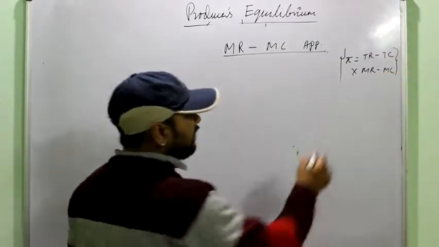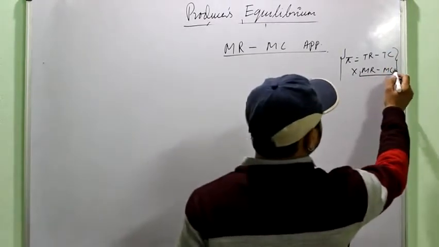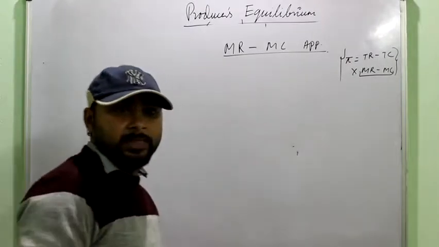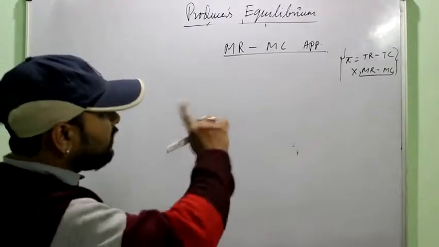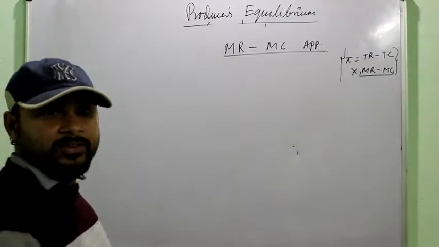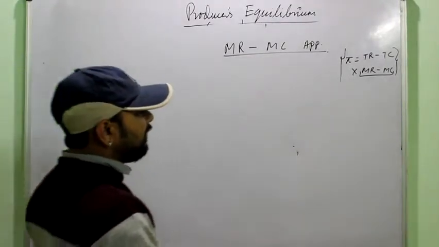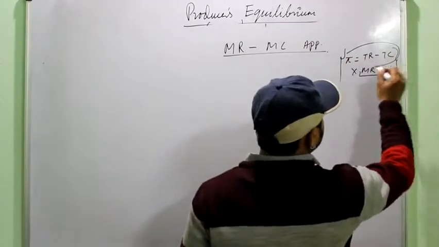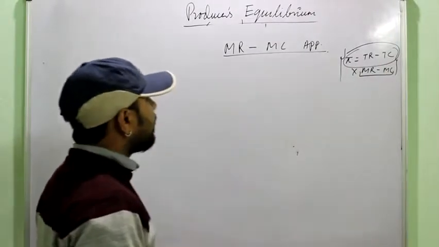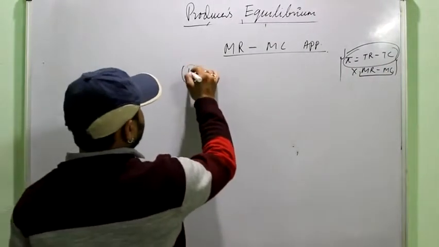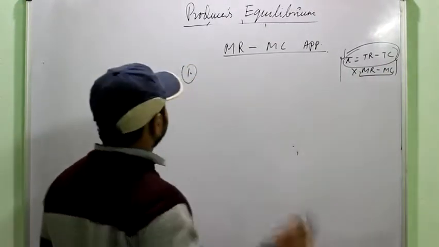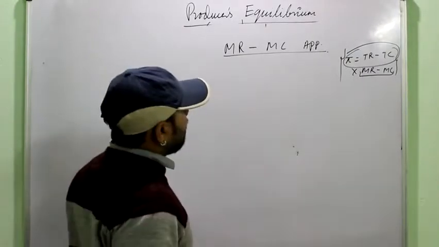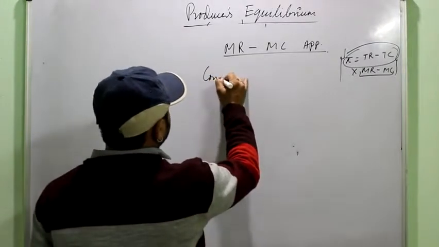Marginal revenue minus marginal cost will give you the profit only of that one particular unit. But TR minus TC will give you the total profit of the producer, and remember we have to maximize the total profit.